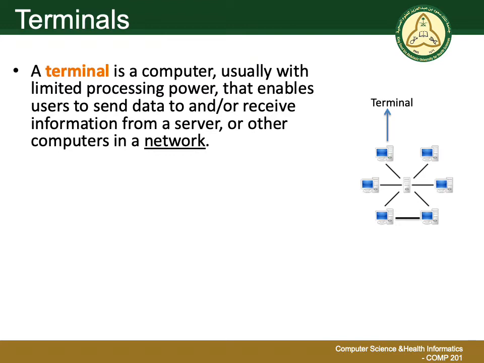They just use the terminals to input data to the central server، السيرفر الرئيسي حق الشركة حقت البنك، and pull some information, معلومات العملاء من السيرفر الرئيسي. The main purpose of this terminal is to push the data and pull the data.